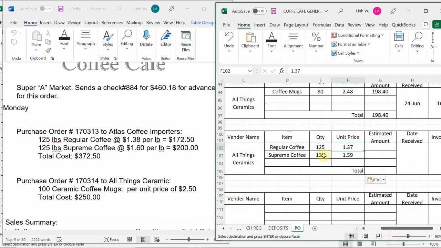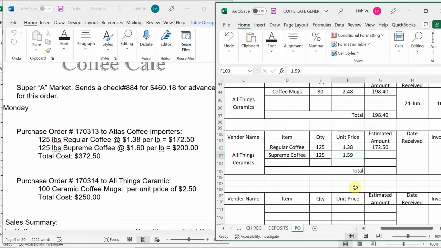Okay, how much per pound of regular coffee? $1.38 per pound. We got 125 pounds, and that's 172.50.